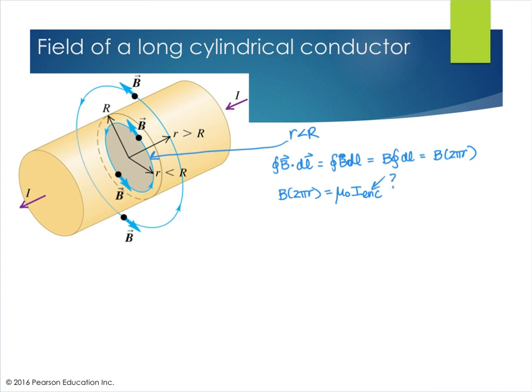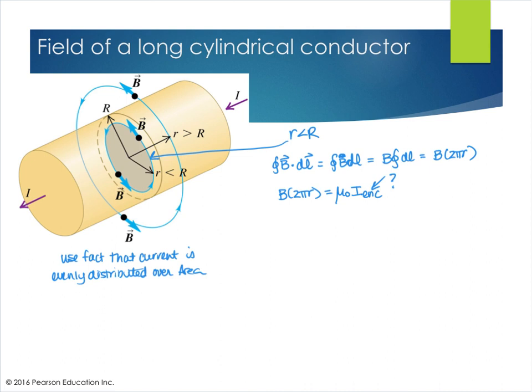What is the current that I've enclosed? So we're going to use the fact that the current is evenly distributed over the entire area, over the entire cross-sectional area.